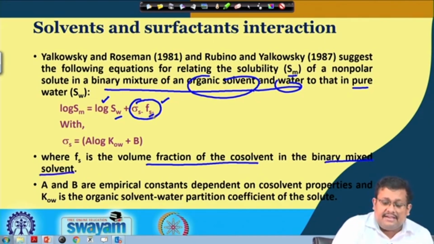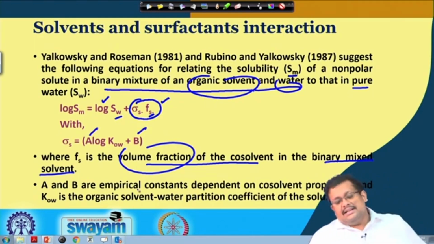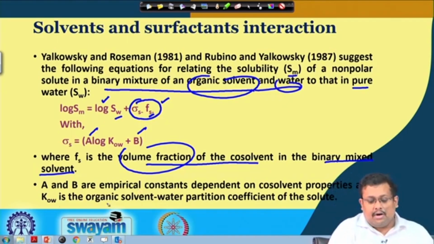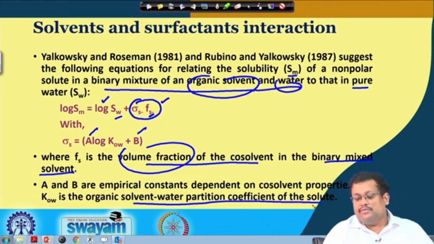Here A and B are empirical constants depending on the co-solvent properties, and KOW is the organic solvent water partition coefficient of the solute. We have discussed the partition coefficient already.